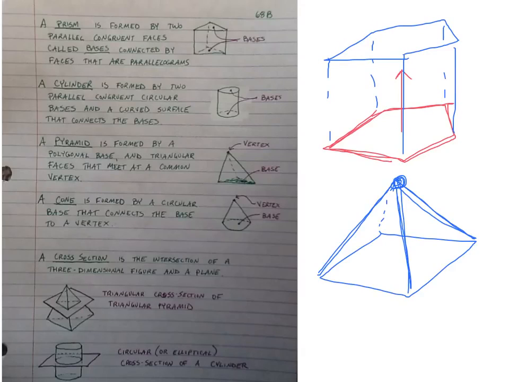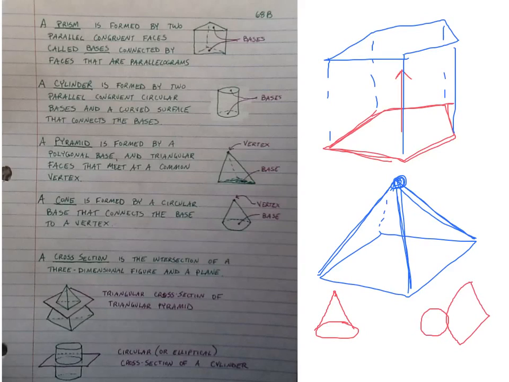So a cone is formed when you take a circular base and you have this surface that is connected to the base that meets at a single point. It's kind of interesting, the net for a cone winds up looking like something to this effect. I'm sure you are pretty familiar with what a cone is shaped like based off of waffle cones, ice cream cones.